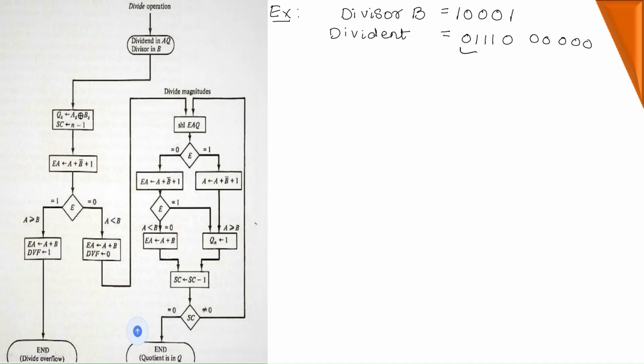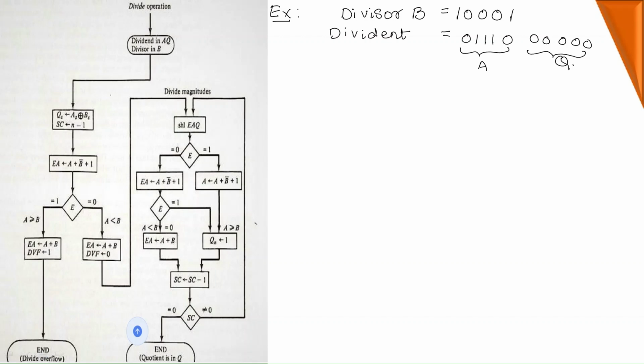The first 5 most significant bits are stored in the A register and the remaining 5 bits are stored in the Q register. So we first check if there is a divide overflow situation, using the left side of the flowchart.